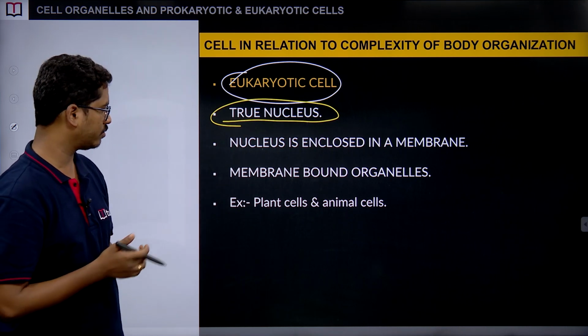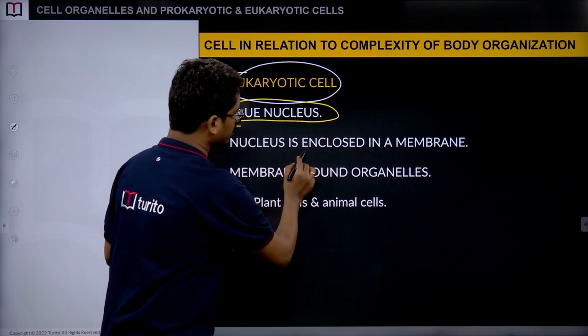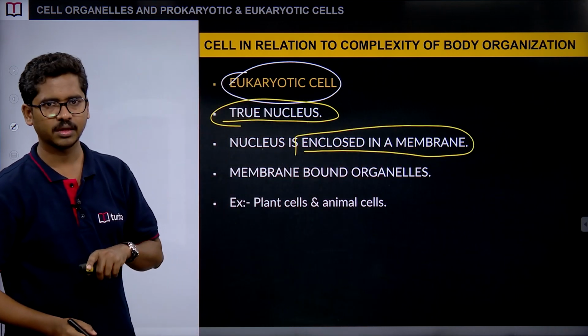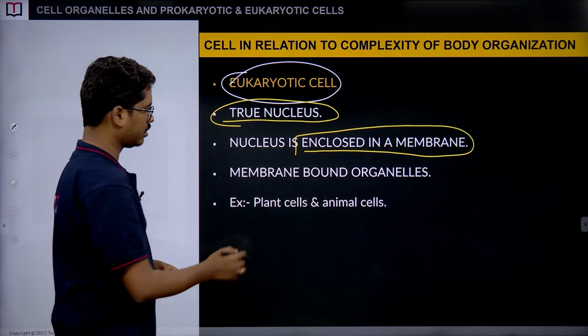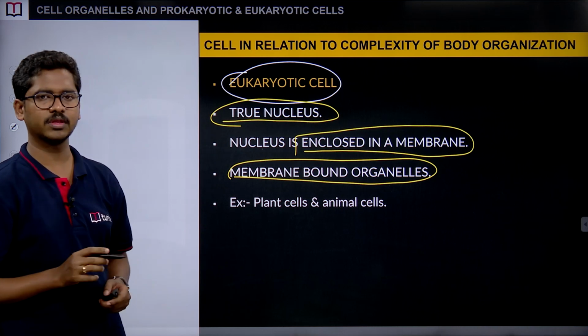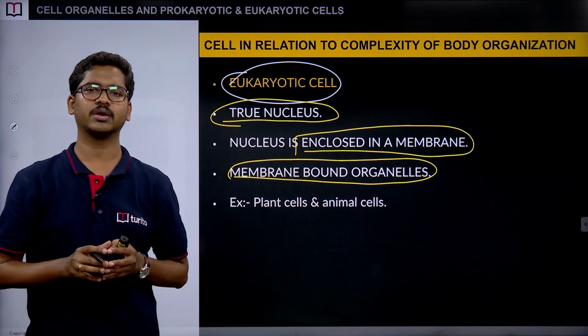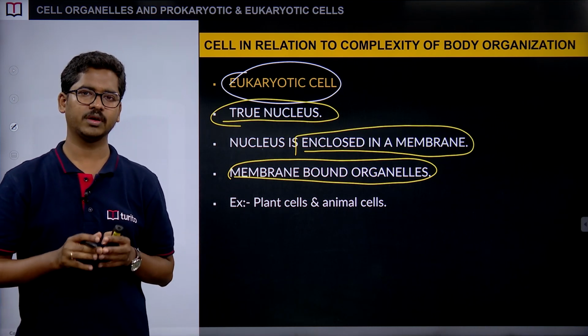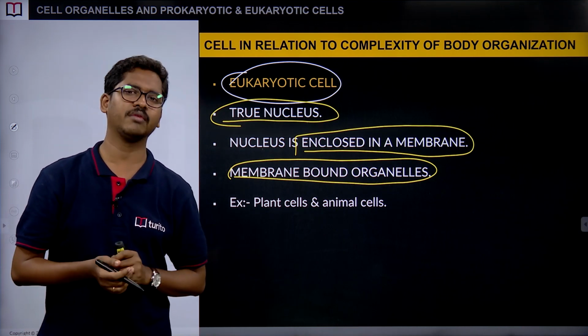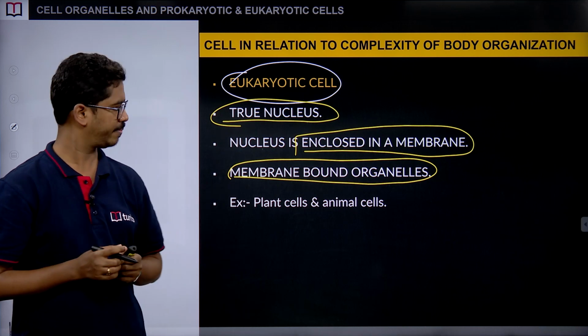The nucleus is enclosed by a membrane, and so are the different organelles present in the eukaryotic cell, with some exceptions like ribosomes, which do not have any membrane covering them.